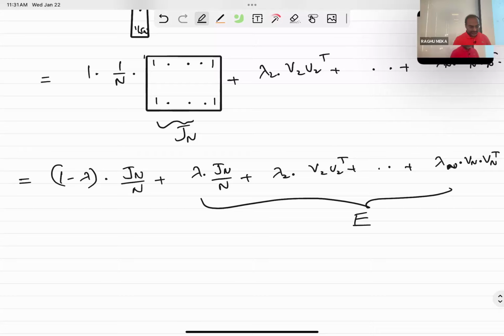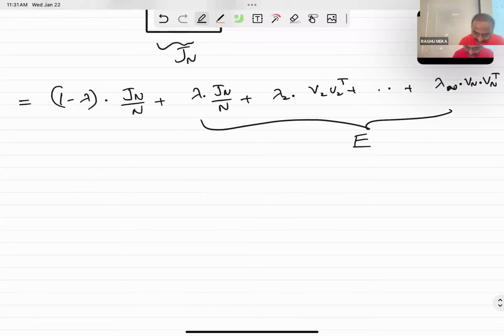Okay. And what's the largest eigenvalue of E? Actually, let me call it lambda times E, because the scaling will help. So if I call it lambda times E, what is the largest eigenvalue of E? Well, in fact, what are the eigenvalues of this matrix?